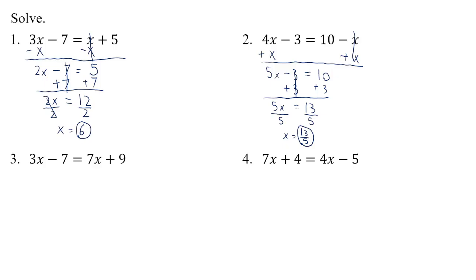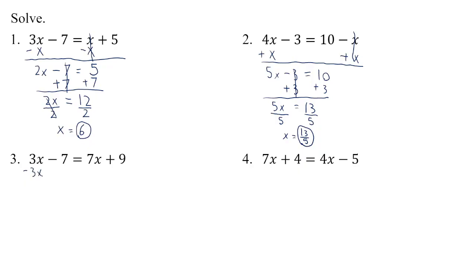All right, number 3, we have 3x minus 7 equals 7x plus 9. So first we could either eliminate 3x or we can eliminate 7x. Well, let's say we eliminate 3x. You don't see an operation in front of it. That means plus. So the opposite of addition is subtraction.